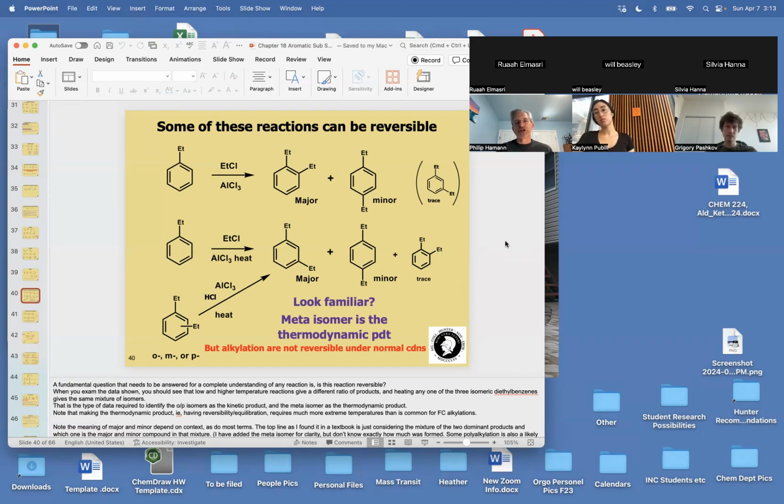And when there's a difference, it has to be reversible. Okay, so I've made a slight modification to the slide. Under normal conditions, you get ortho and para with a tiny trace of meta.